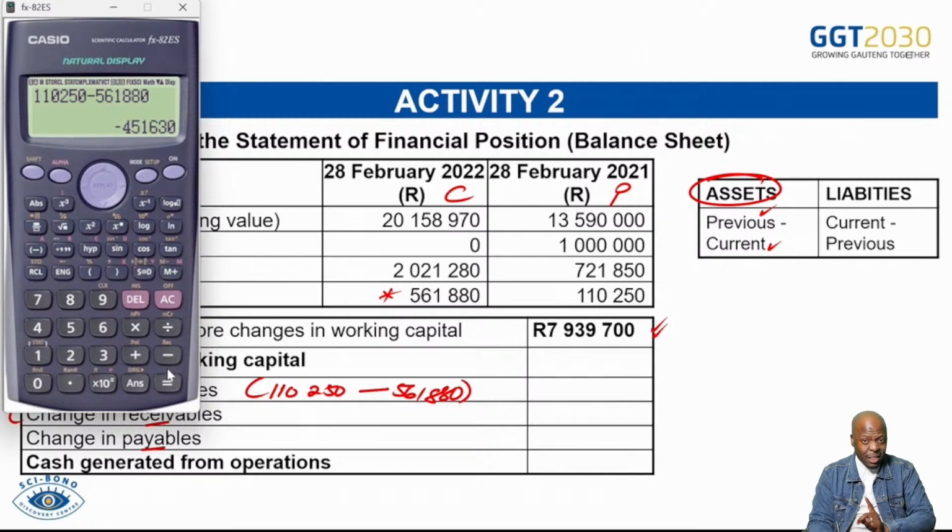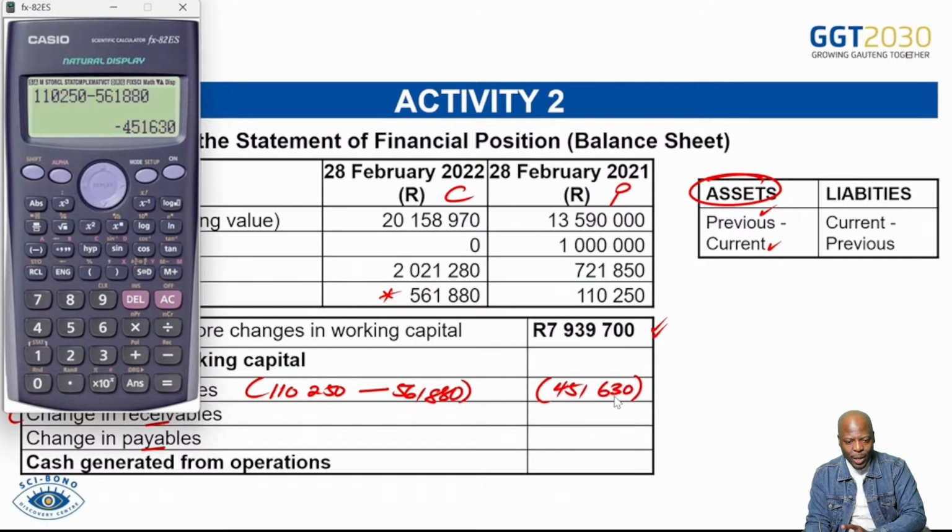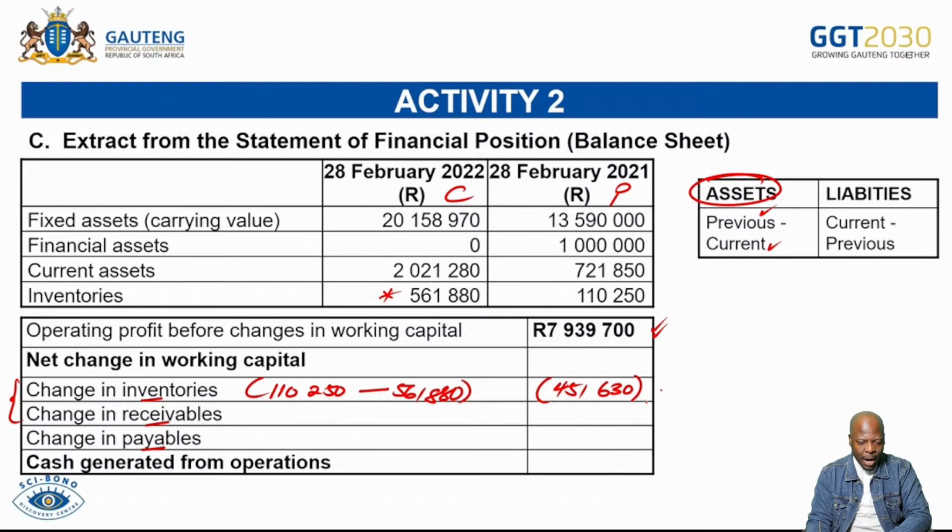That's very key. That figure is negative. So when I come here, I am going to copy that. It was a negative 451,630. It's a negative. It was in bracket. So it's a negative 451,630. I put it in there in bracket. Are we together? Okay?